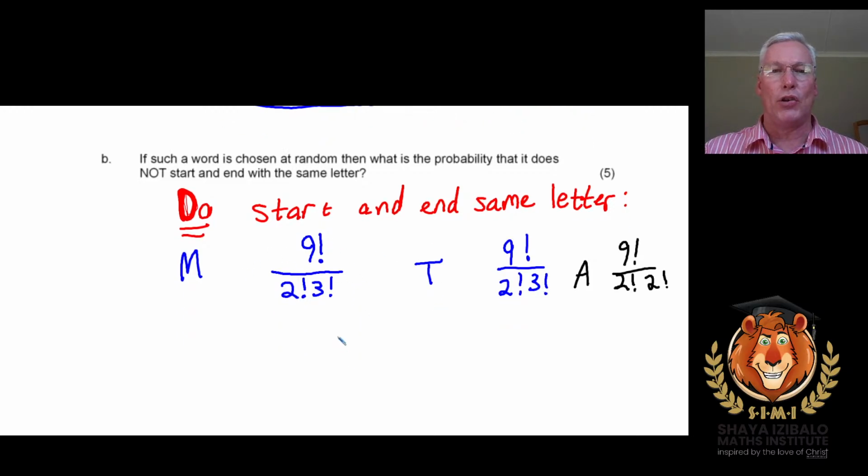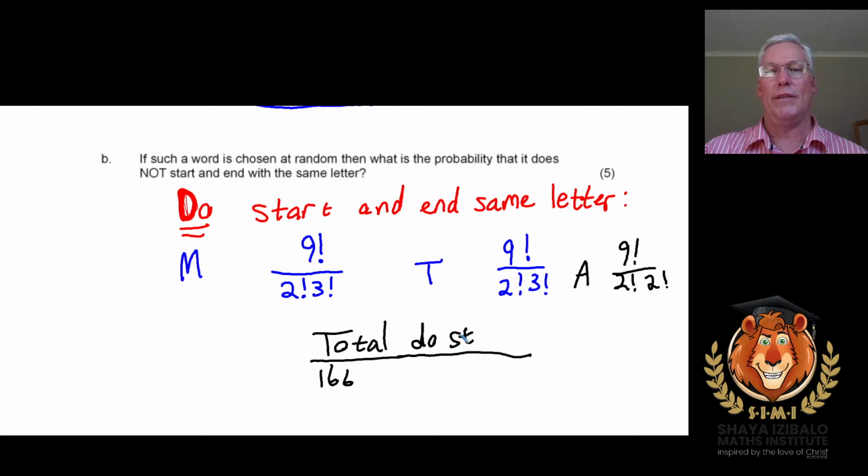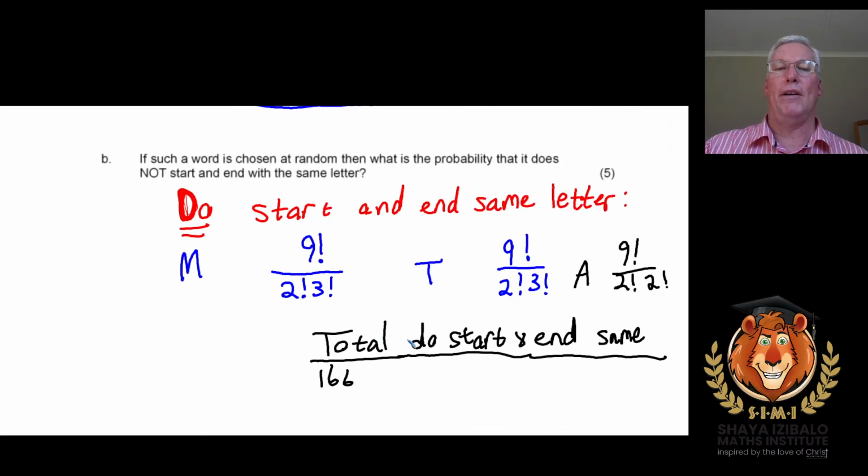We add them all up to get the total where they start and end with the same letter, and then we divide by our sample space, that answer we got of 63200.